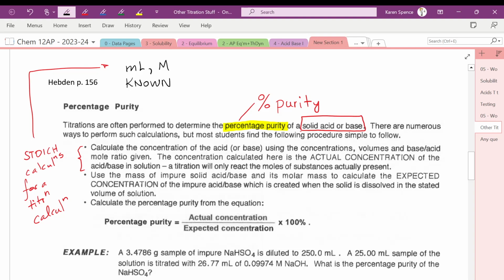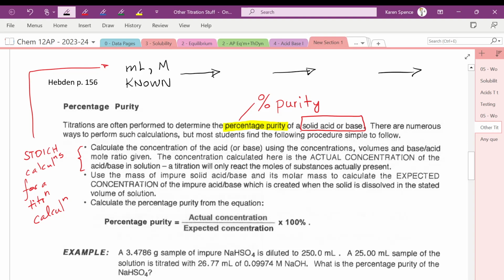That's what's usually given to us. And then the first two steps are always the same.